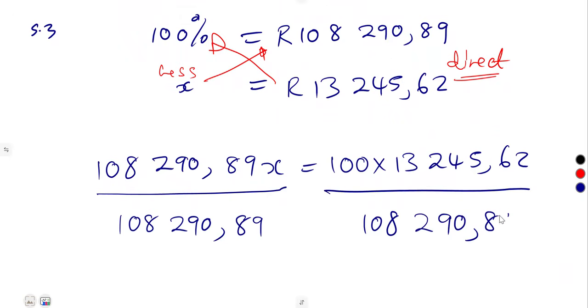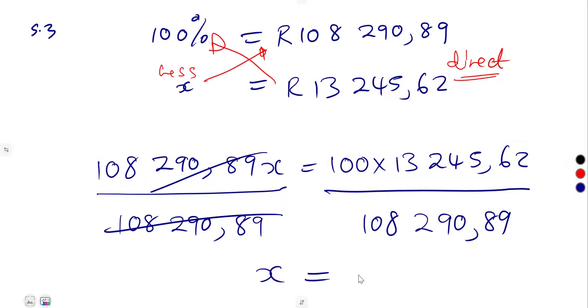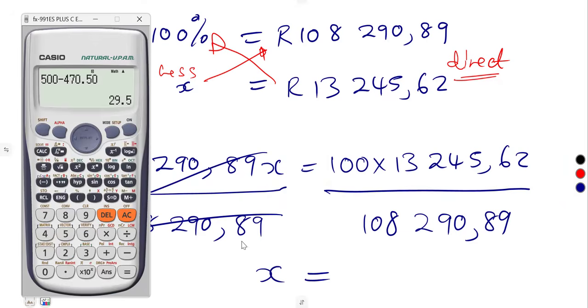Simply divide, all right? So that was going to give us the value of x. So with this simplified on our calculator, guys, we were going to obtain the percentage that they are talking about, and they wanted the answer to 1 decimal place.